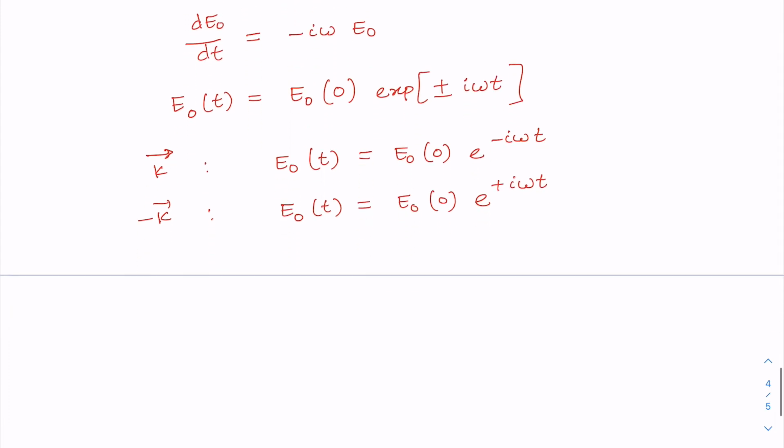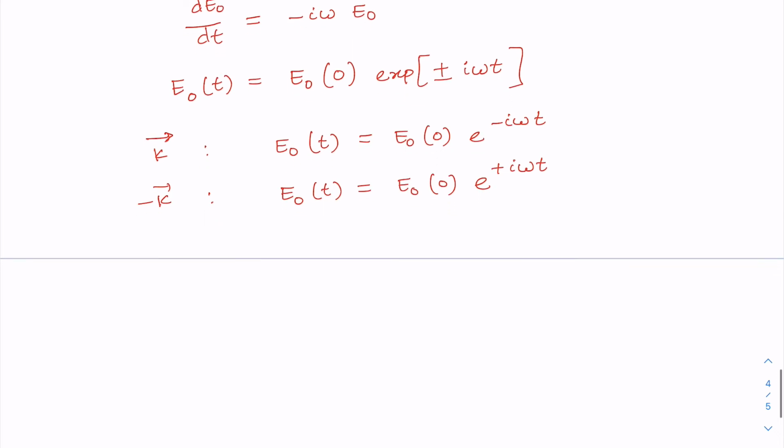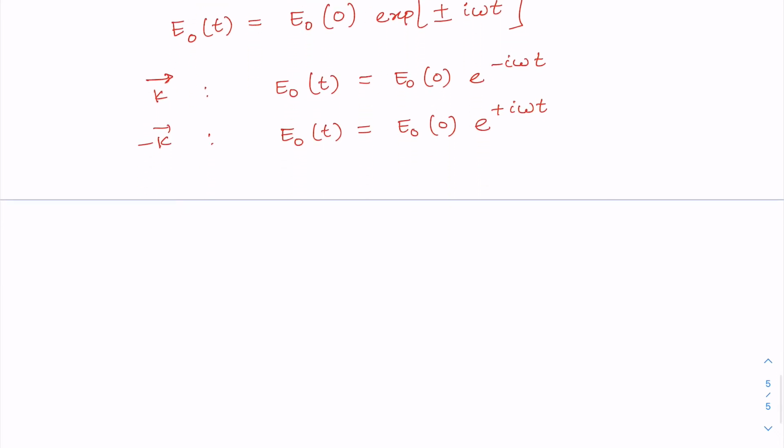Alright, but as we are interested only in one mode, we will keep only one solution, and that solution we are going to keep is E of t is equal to eta E0 0 e to the power I k dot r minus omega t.